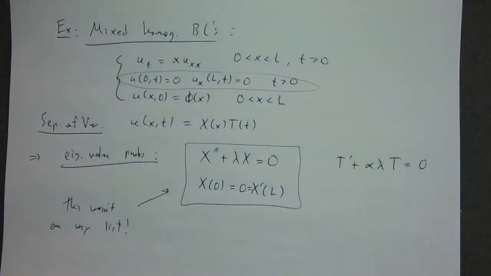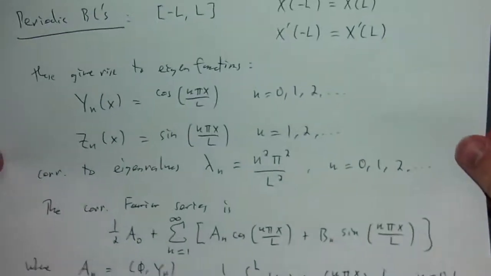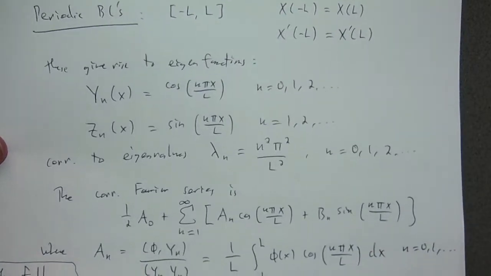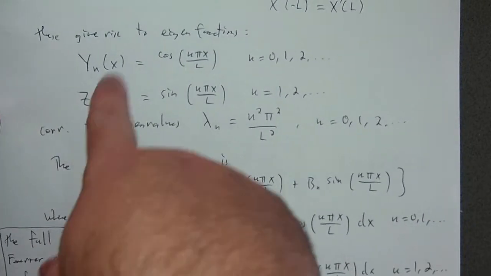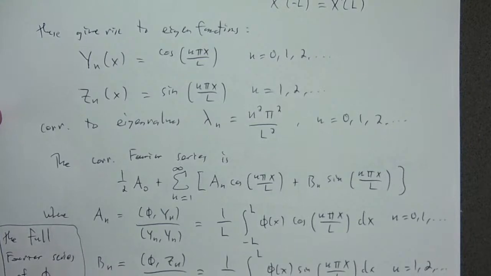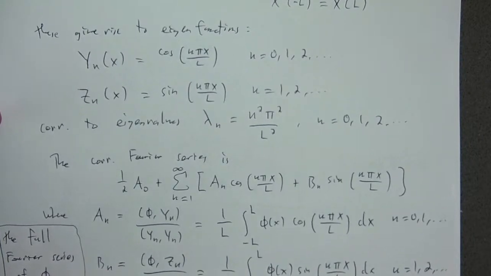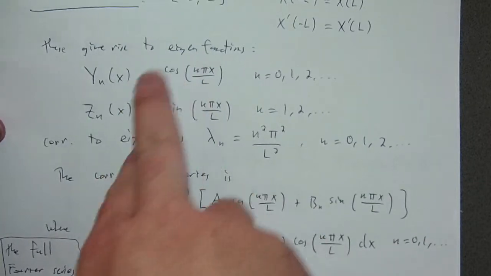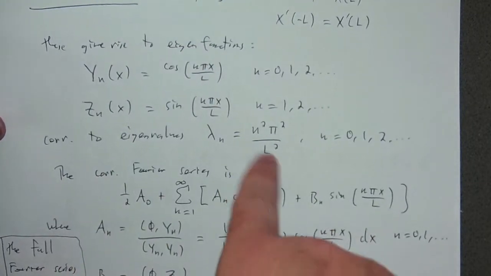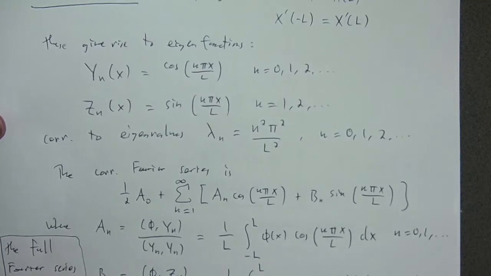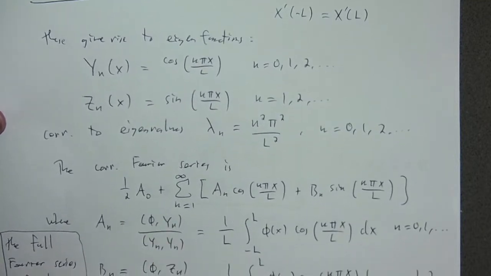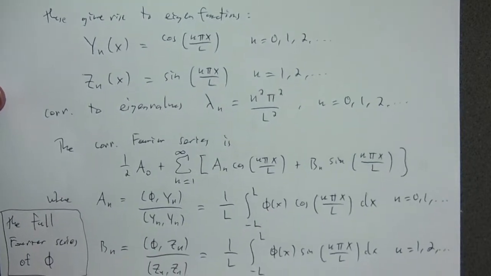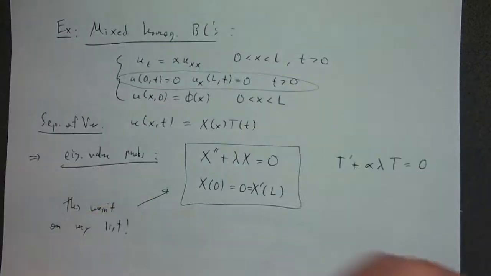And then lastly, for our periodic boundary conditions, we had two eigenfunctions associated to every non-zero eigenvalue, and our eigenvalues again were the same, but we got two eigenfunctions associated to each non-zero one. And then the Fourier series showing up here was now the full Fourier series, right?